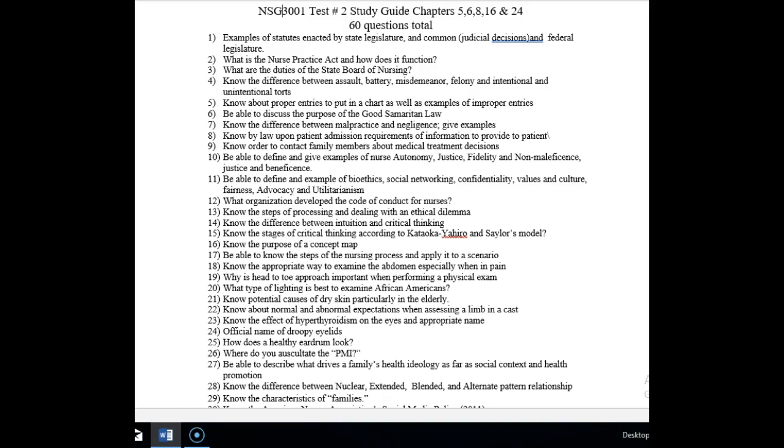Non-malfeasance is basically an agreement fundamentally to just do no harm. What else?